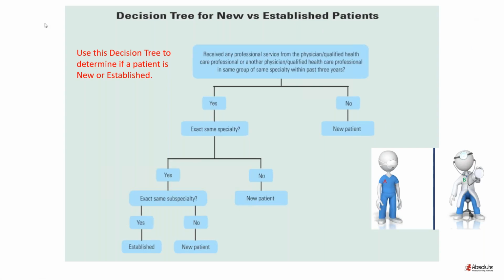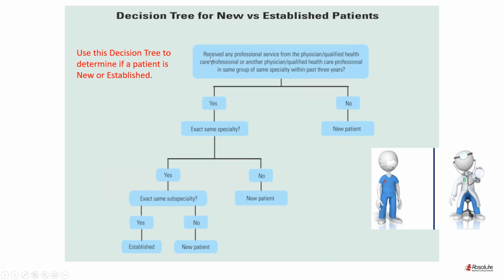CPT has this really nifty decision tree, right? So in the beginning, where the guidelines are, and I think I showed you a few moments ago, if you don't know if a patient is new or established, you can use this decision tree. So let's take Dr. A and B. They ask the question at the top of the decision tree.